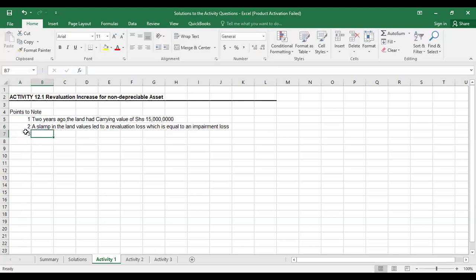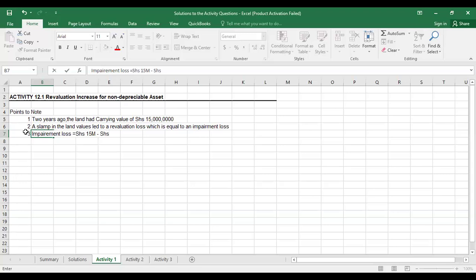And number three, impairment loss is equal to shillings 15 million minus shillings 13 million, which is equal to shillings 2 million.